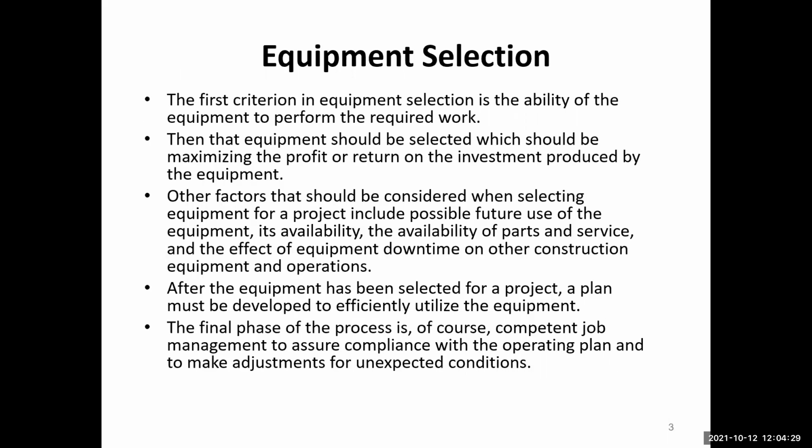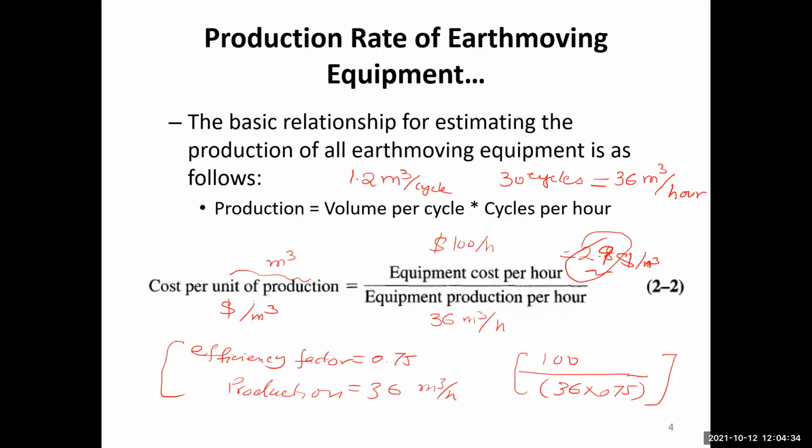Then we discussed some of the factors about equipment selection. And after that, we started with some basic definitions. First of all, the definition of production, and then the cost per unit of production.